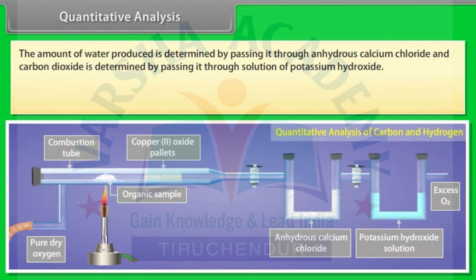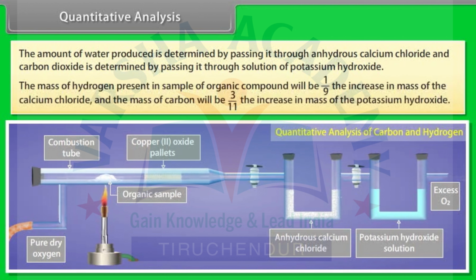The amount of water produced is determined by passing it through anhydrous calcium chloride, and carbon dioxide is determined by passing it through a solution of potassium hydroxide. The mass of hydrogen present in the sample of organic compound will be 1/9 of the increase in mass of the calcium chloride, and the mass of carbon will be 3/11 of the increase in mass of the potassium hydroxide.